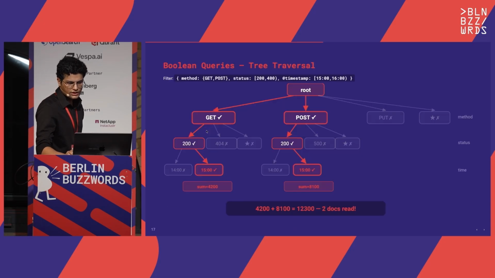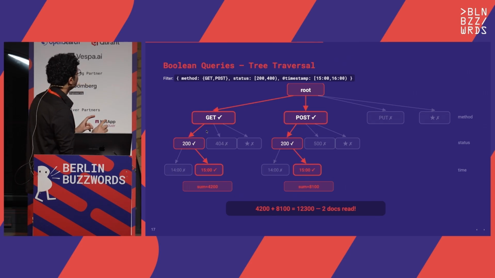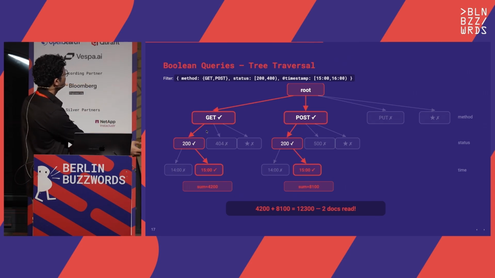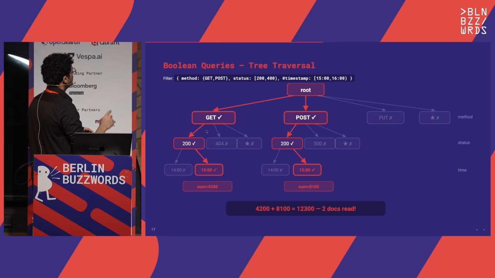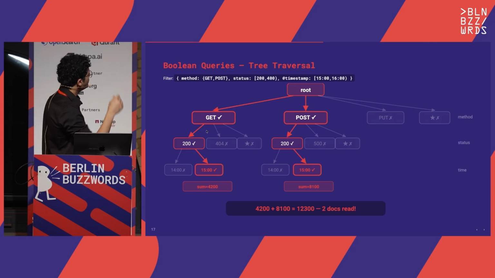Okay. So now here we have the root node. We have, let's say, 4 children: get, post, put, and star. Now we want to get the documents where method is either get or post. So the put path is pruned, because we do not need documents which have method put.